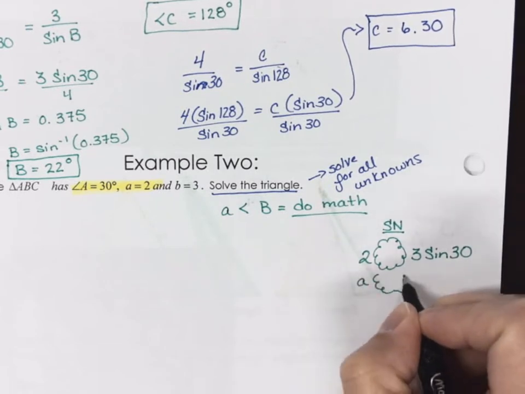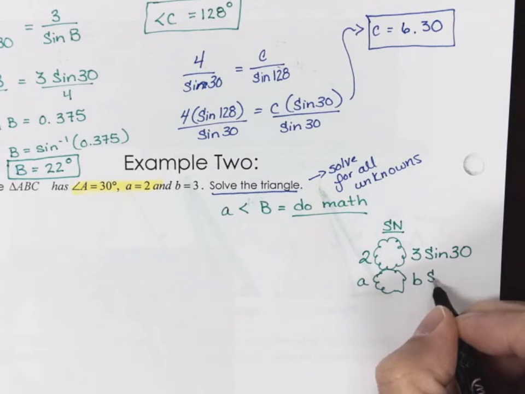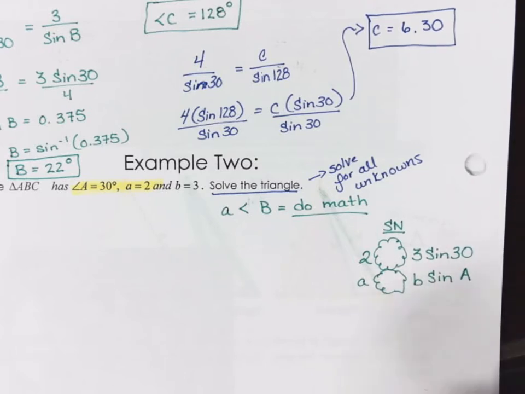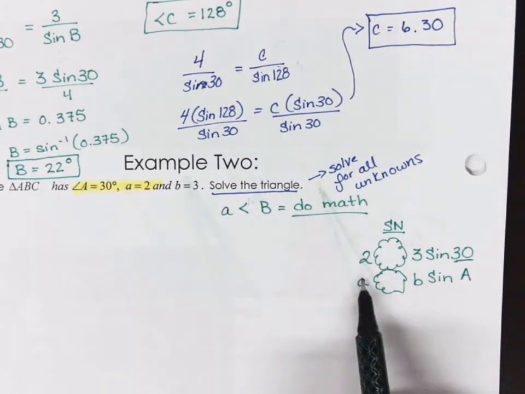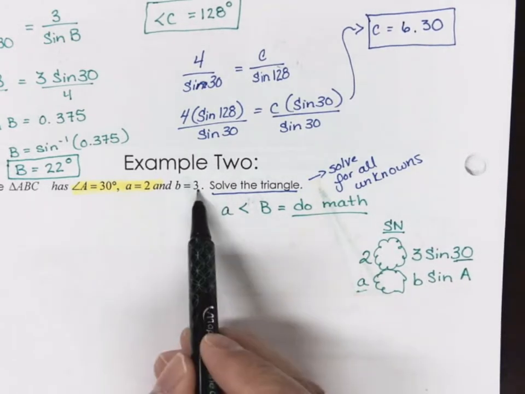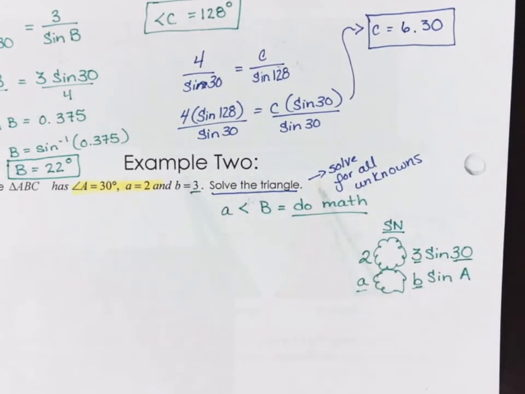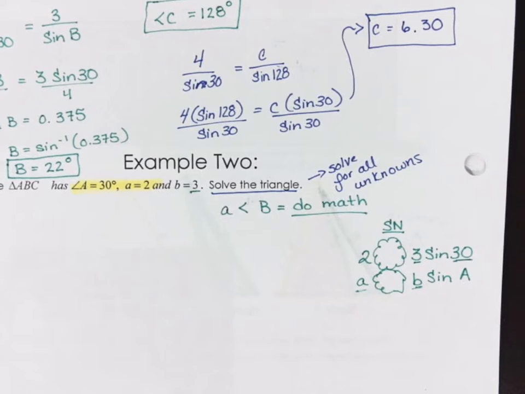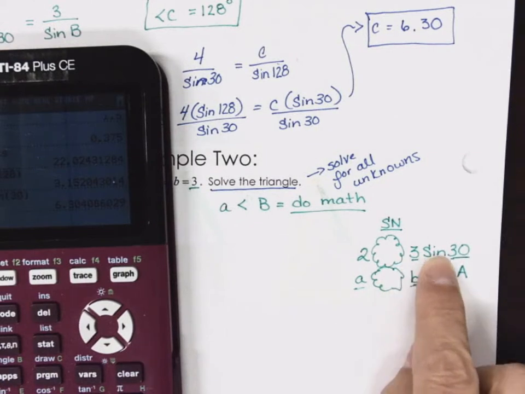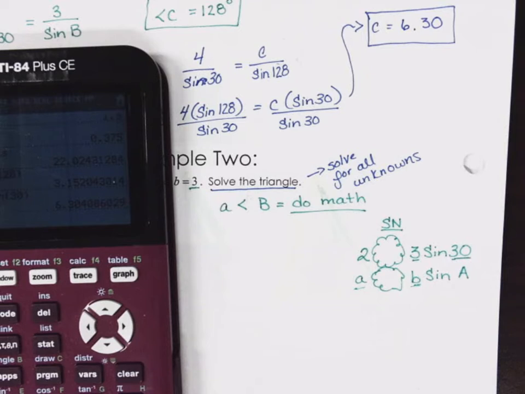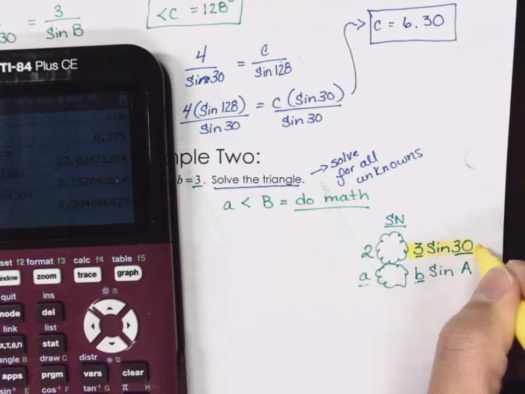A, fluffy cloud, B times sine of A. So all I did was take my A, put it in here, side A, put it in here, side B, put it in there. Okay? Easy peasy. So now you're going to do some math. In my calculator, I need to figure out what 3 sine 30 is. That's the math I have to do. So this is what I'm going to calculate.